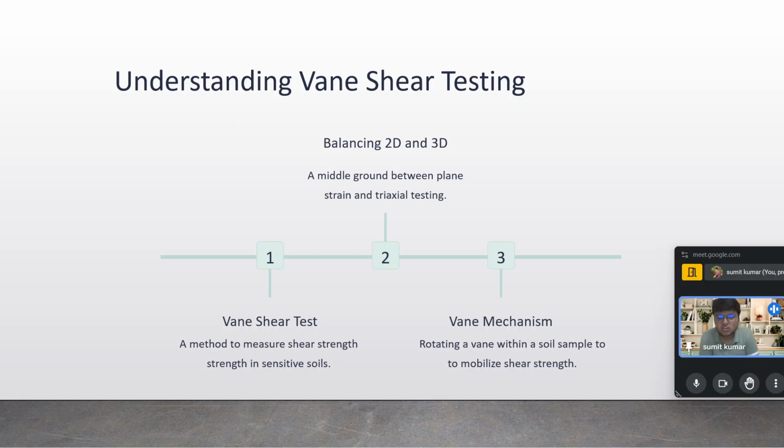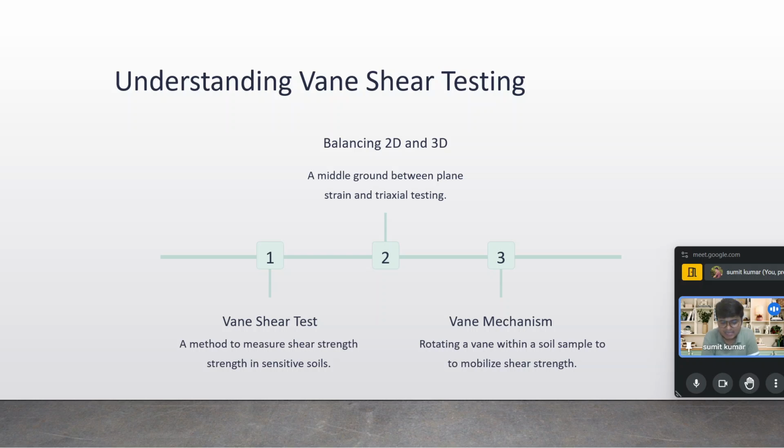First of all, the vane shear test is a method to measure the shear strength in sensitive soil. It provides a balance between 2D and 3D, a middle ground between the plane strain test and the triaxial testing.